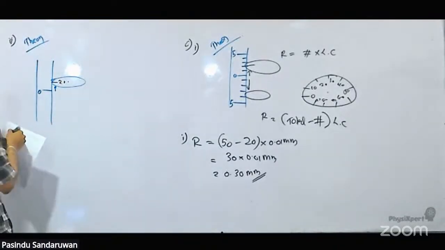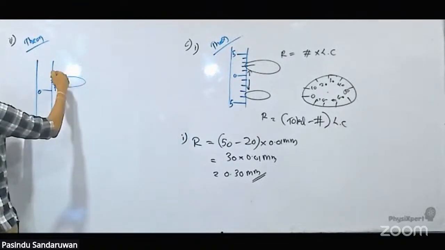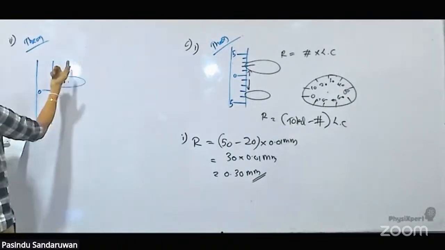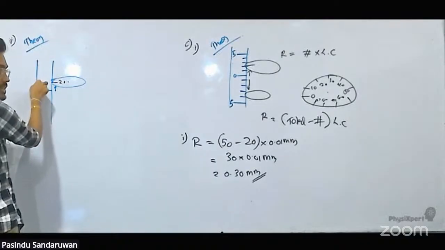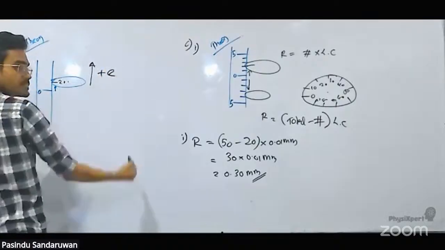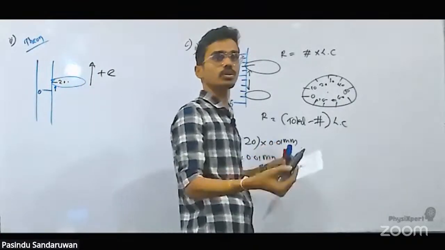If you are measuring a thickness from this, this scale travels upwards starting from here. It is supposed to start from 0, but now starting from 20. So then in the upward direction, it acts as a positive error. 20 will start when supposed to start from 0. Additional reading.